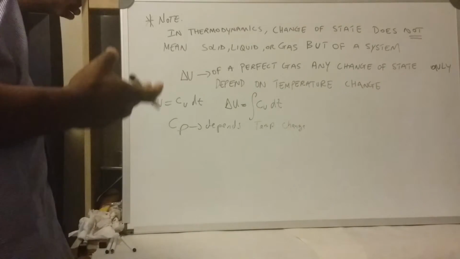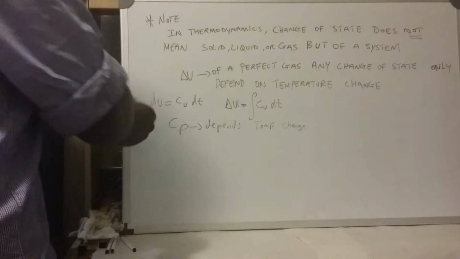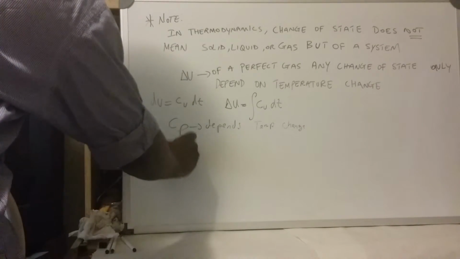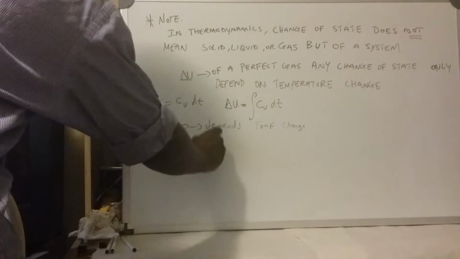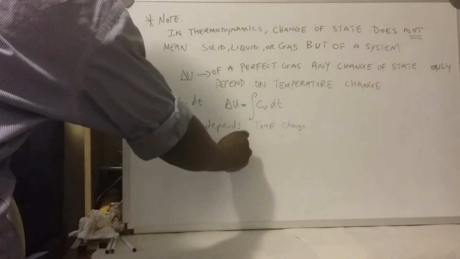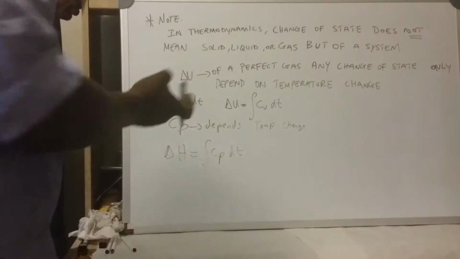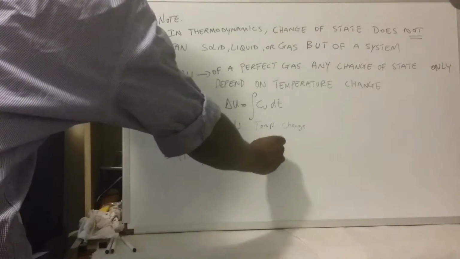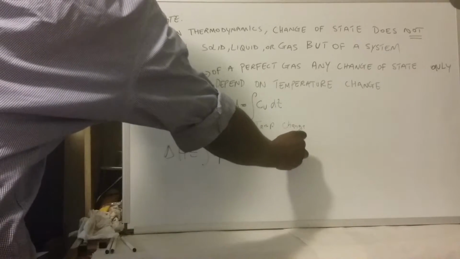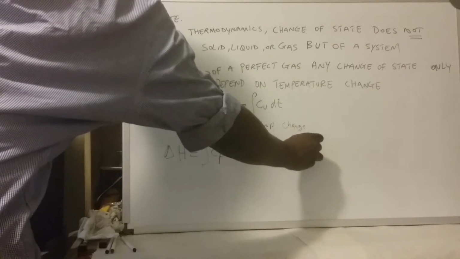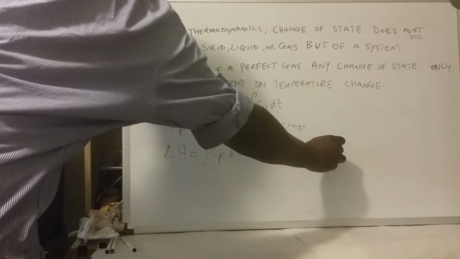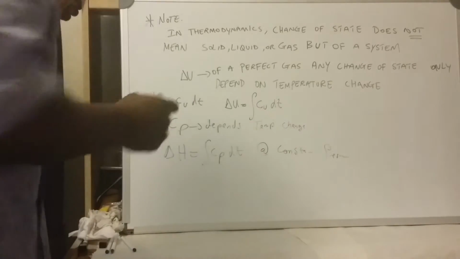And we can also calculate delta H, because delta H is equal to Cp dT. And Cp, like I said, is at constant pressure.